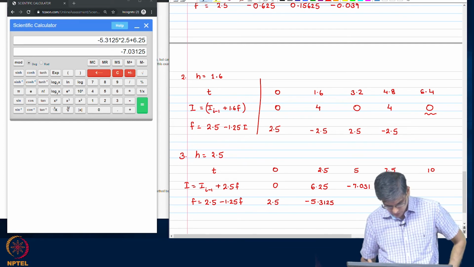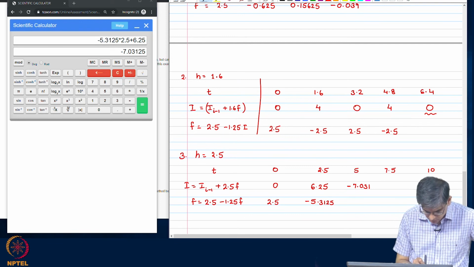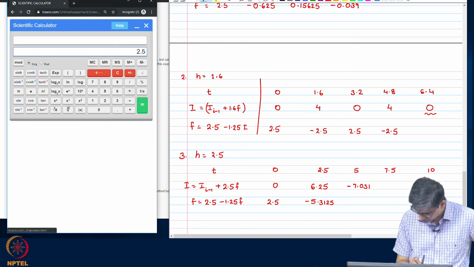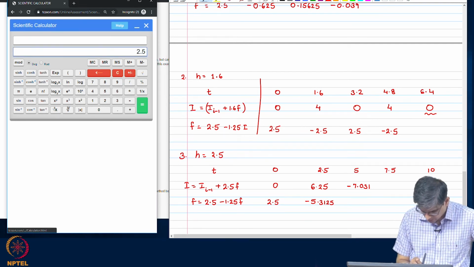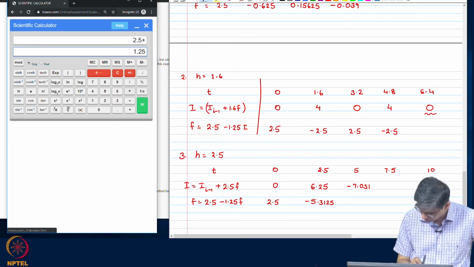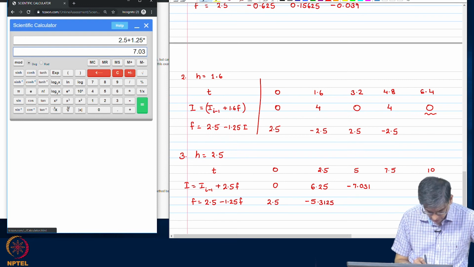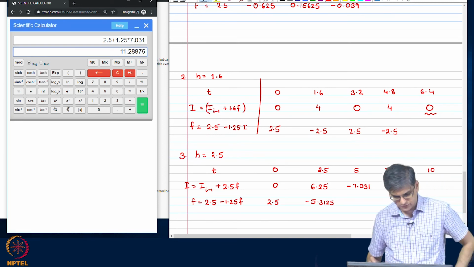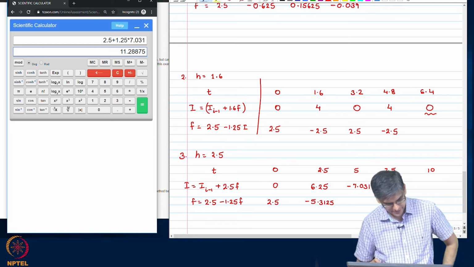With minus 7.031, f is 2.5 plus 1.25 into 7.031, which is equal to 11.2888.